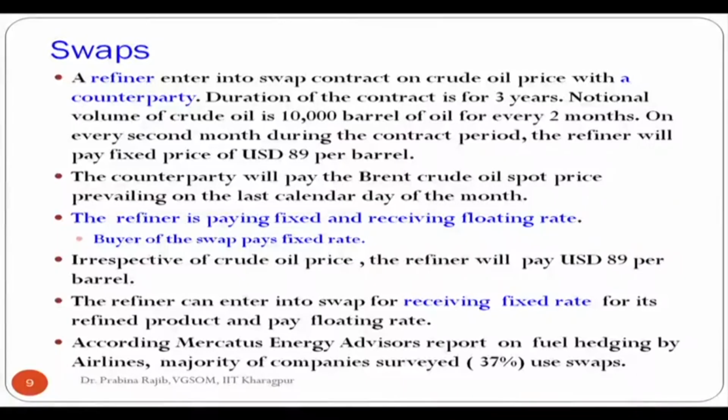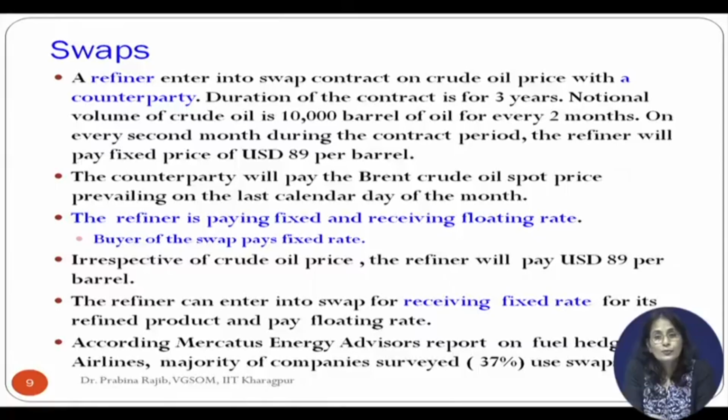Let's take this example. The refiner enters into a crude swap contract with a counterparty. What is the duration of the contract? The duration of the contract is 3 years.